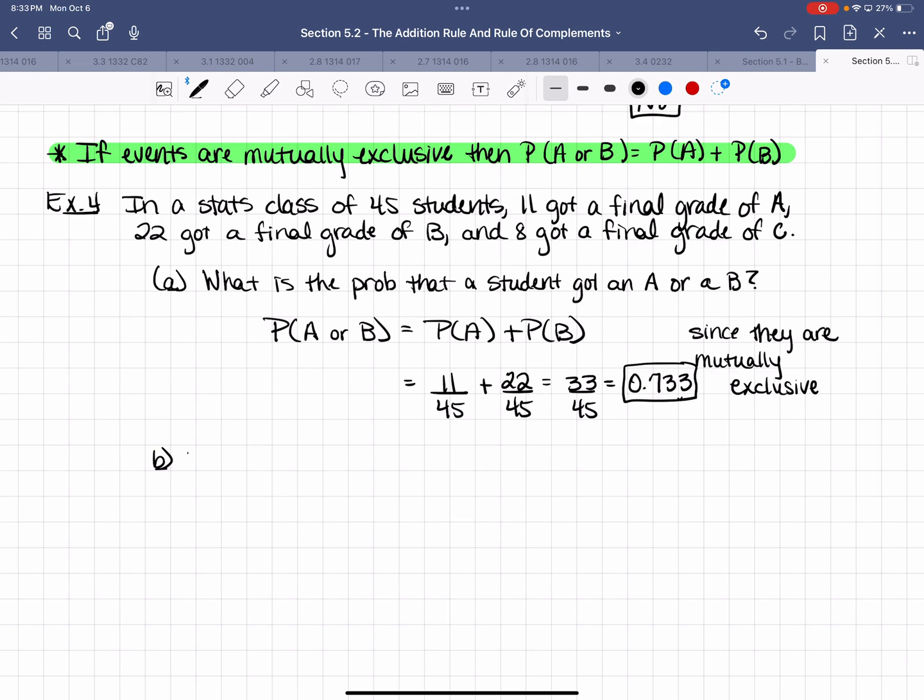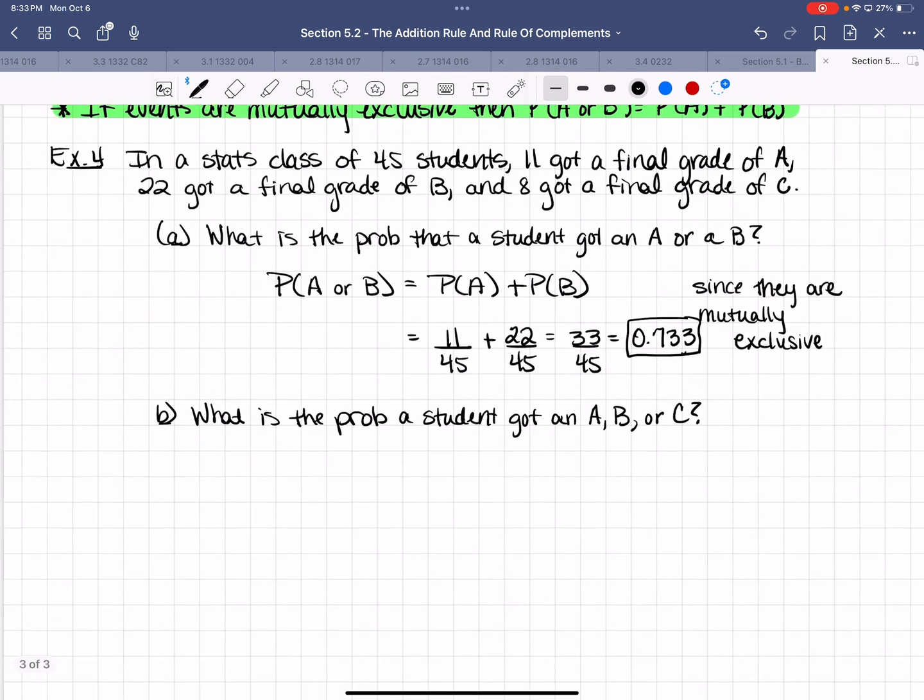B. What is the probability a student got an A, B, or C?